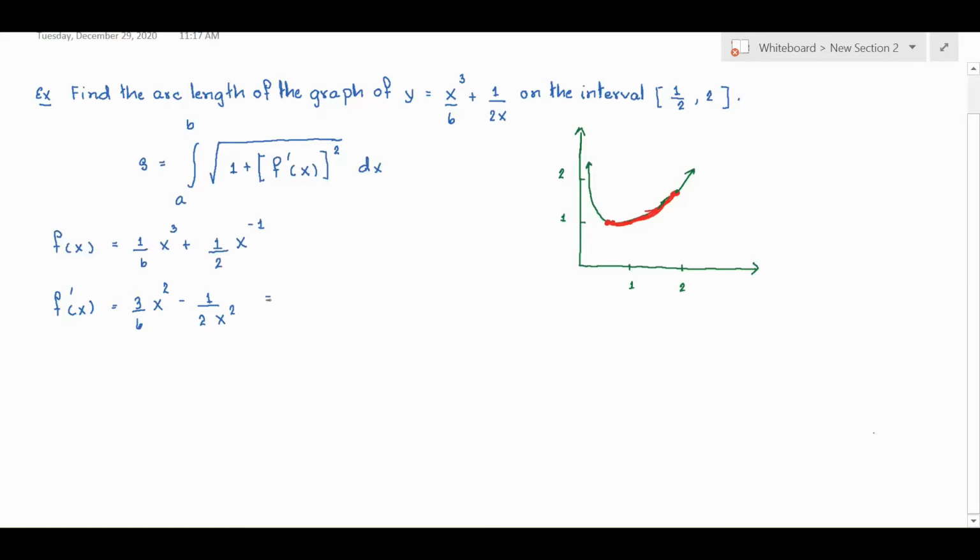I'm going to rewrite this a little bit as 1/2 x squared minus 1/2 times 1 over x squared. From here, I will factor out the 1/2. If I factor out the 1/2, I would have x squared minus 1 over x squared. So this is our derivative f prime of x.